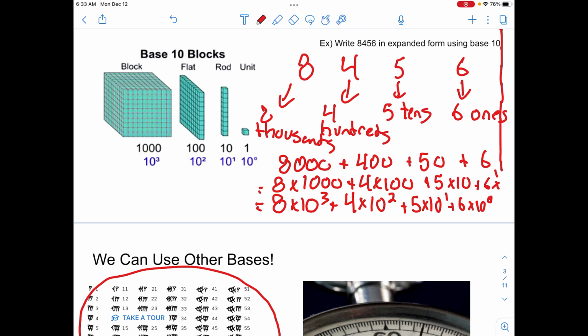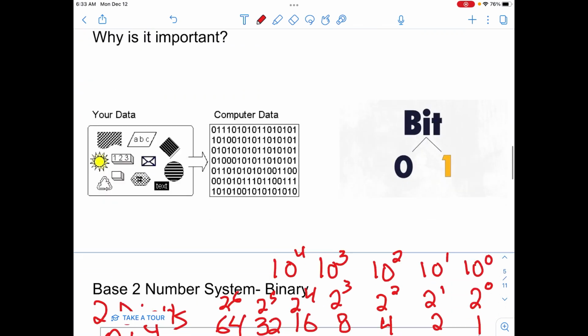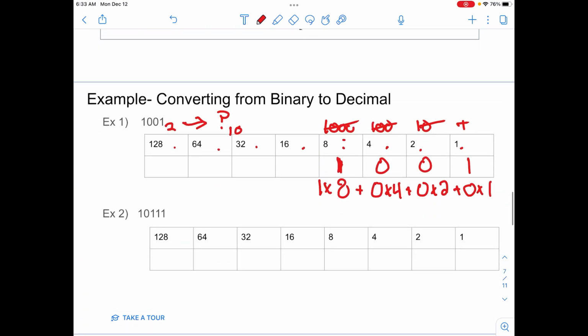We have 4 times hundreds. We have 5 times tens. Here we have 1 times 8, 0 times 4, 0 times 2. And this should be 1 times 1. Catching my own mistake. So that means 8 plus 0 plus 0 plus 1 is 9. So the binary number 1001 is the number 9 in our decimal number system. We have the 8, we don't include the 4 and the 2 place value, and we have the 1 place value, so it's worth 9.